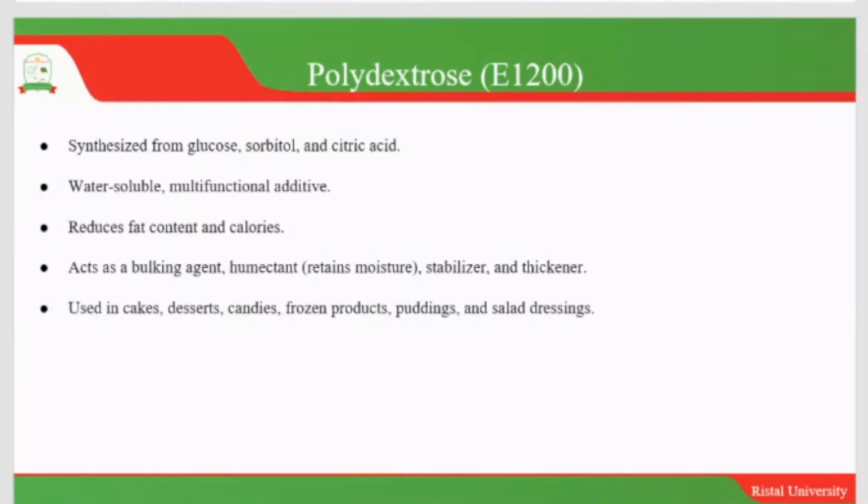We have talked about the fat replacers. We were just looking briefly at the sucrose polyesters and the polydextrose, and how they create that feeling that you're eating fats yet you're not.